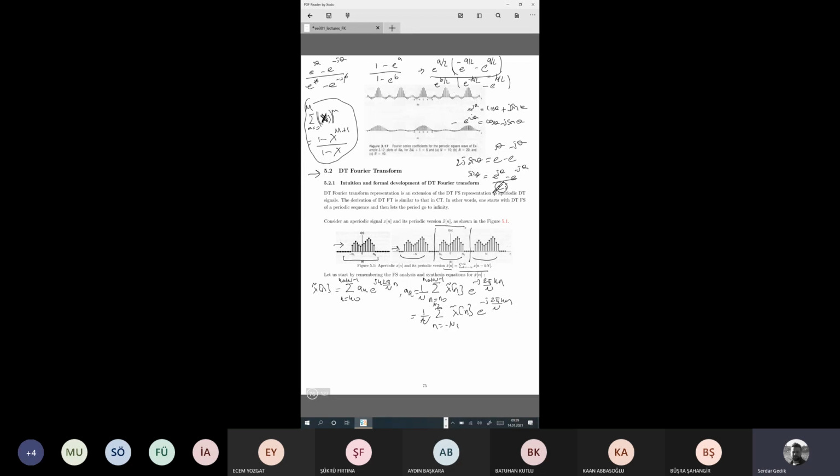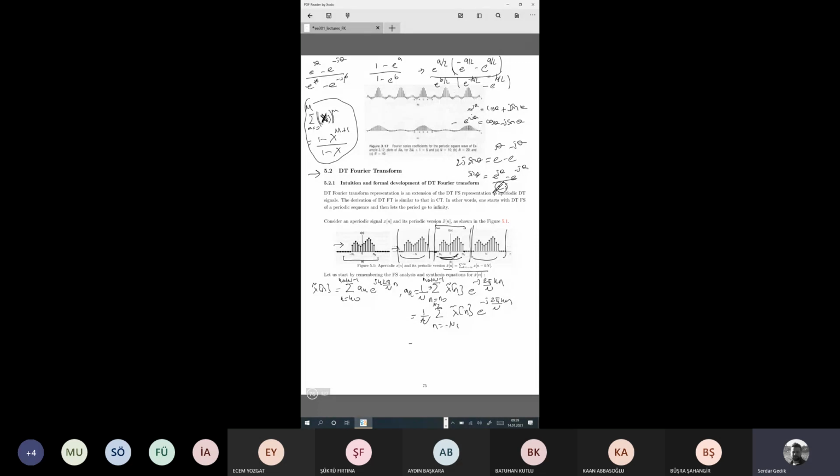It can be this period or that period or that period, whatever I wish. But the important thing is this summation is actually evaluated within an interval of length capital N. So since x tilde of n is non-zero within a period apart from this interval, to simplify things, I change the limits to minus n1 to n2, and this is my case.